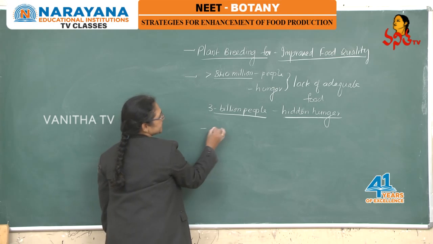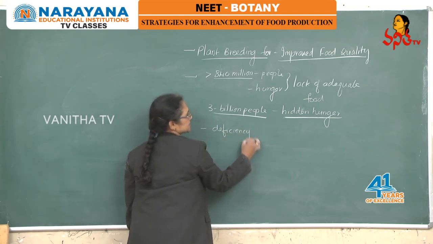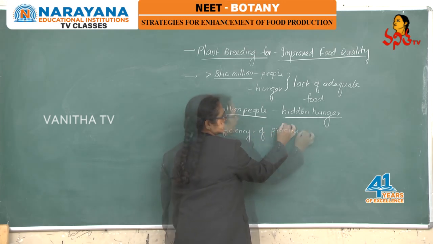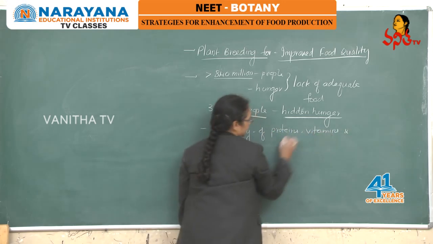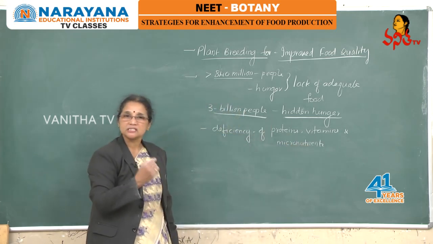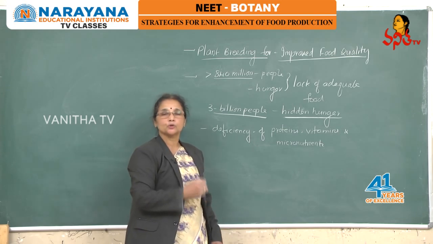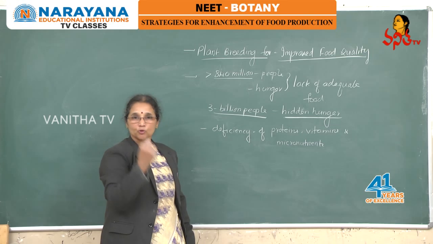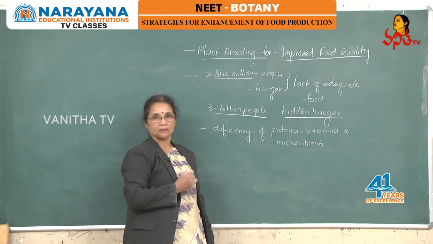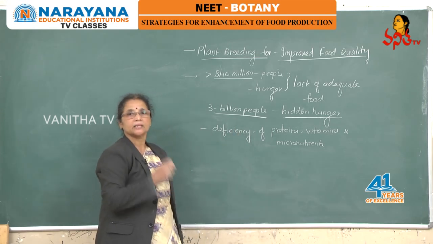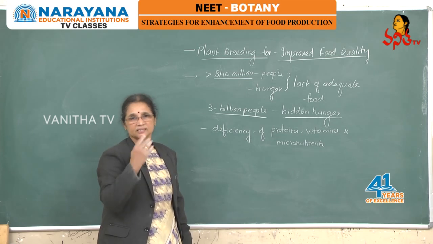It is deficiency of micronutrients like proteins, vitamins and minerals, because these people cannot afford to buy the protein rich or vitamin rich fruits, vegetables, fish, meat, etc. So because of the lack of these micronutrients, what happens to them? They easily become prey for the diseases.